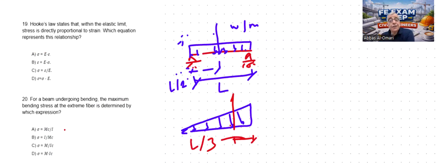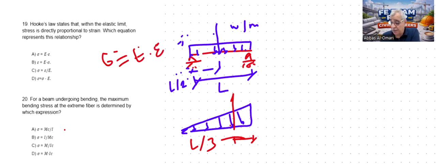Again, the next question is about the stress-strain diagram. Hooke's law states that within the elastic limit, stress is directly proportional to strain. Which equation represents the relationship? We just said that within the elastic limit it is sigma equals E epsilon: sigma, the stress, equals Young's modulus of elasticity multiplied by the strain, epsilon.